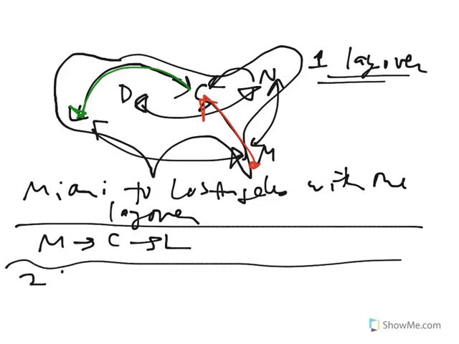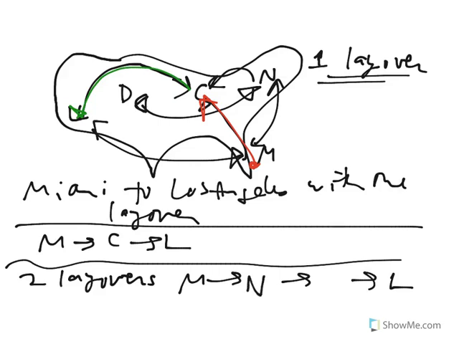If I want to have exactly two layovers, so that's from Miami to somewhere, and then to Los Angeles. Let's say that's really cheap. Can that be done? Well, one way is from Miami to New York and then to Chicago.